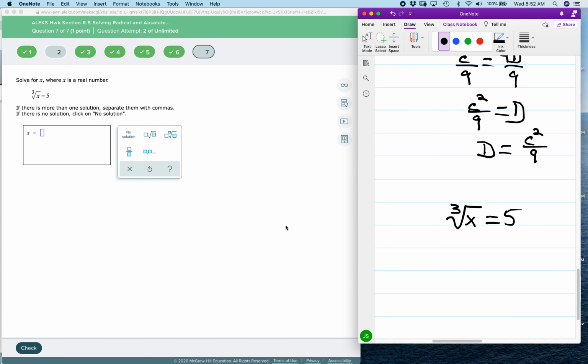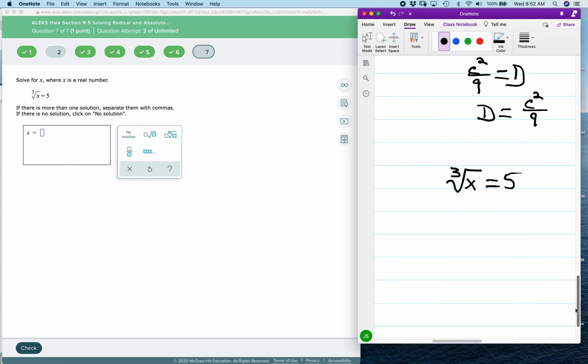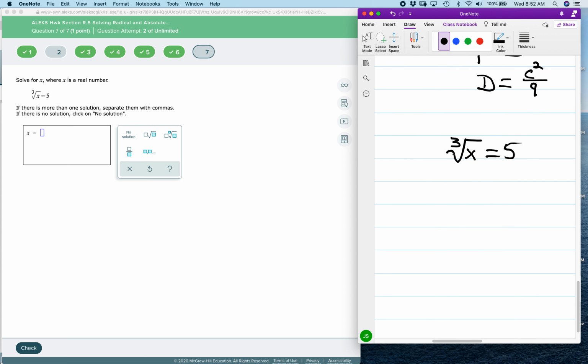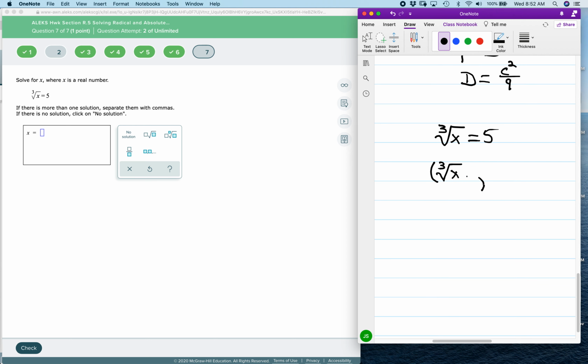Now in this particular portion we have a fairly quick answer item, and it says to solve for x, where x is a real number. Here we have the cubic root of x is equal to 5, and we want to free up x from the cubic root, so I can eliminate cubic roots by taking both sides and raising to the third power.